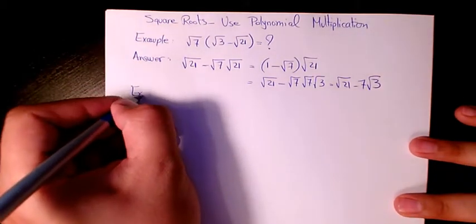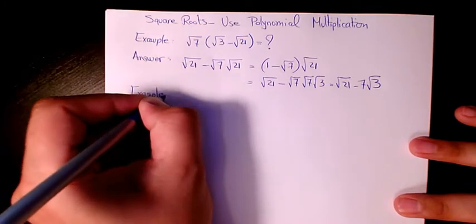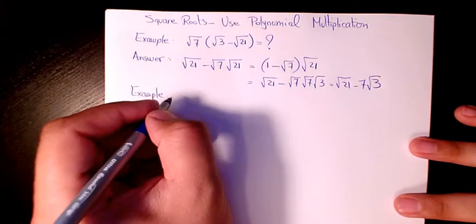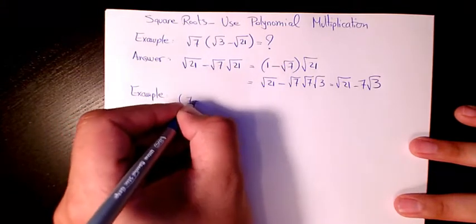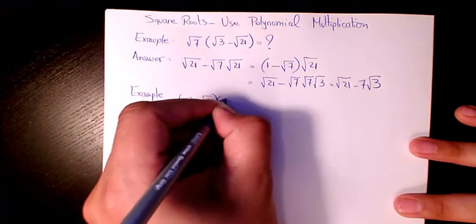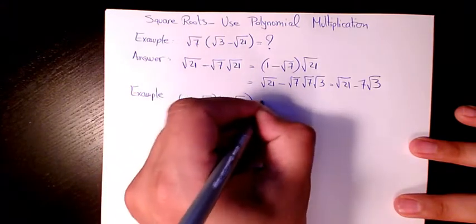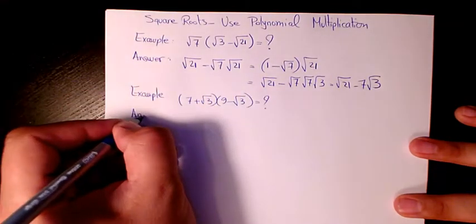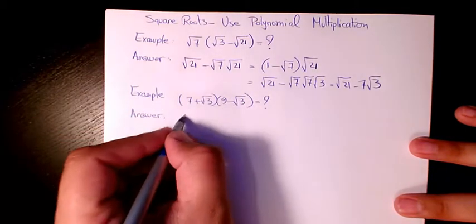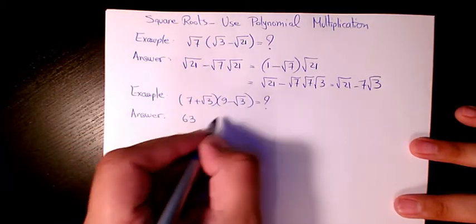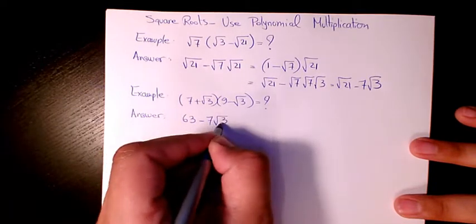Next example is 7 plus root 3 times 9 minus root 3. Answer is 7 times 9 is 63. 7 times negative root 3 is going to be negative 7 root 3.